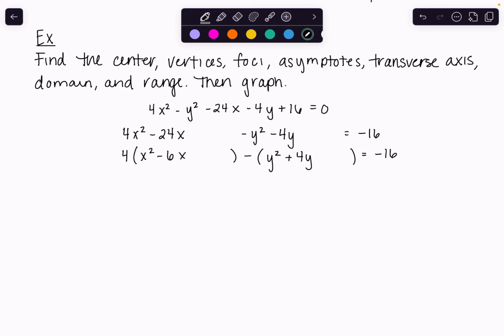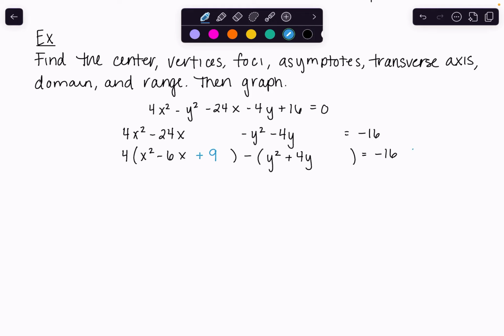Okay. Then I need to figure out what to add to make this a perfect square. So I take this number and divide it by 2. That middle term has the negative 6. Negative 6 divided by 2 is negative 3. But then I square it, so I'm going to add a 9 in here.